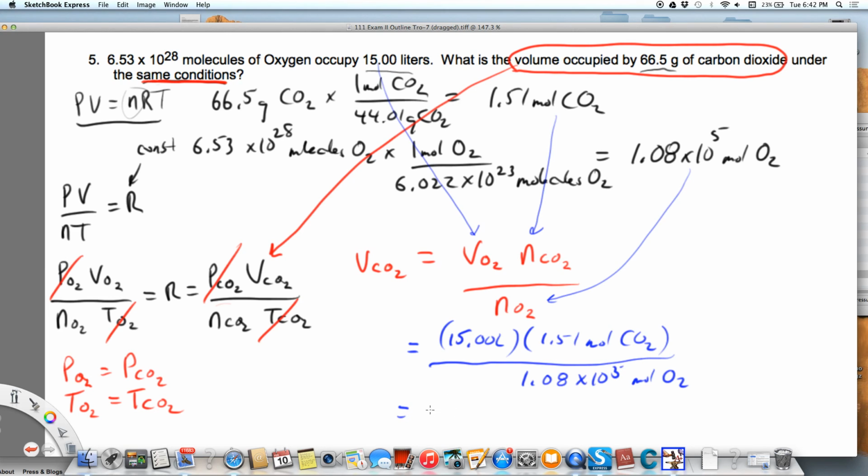And this equals 2.10 times 10 to the minus fourth liters, and that is of CO2. Again, we want to use PV equals nRT, and so this is a problem with an example like that.